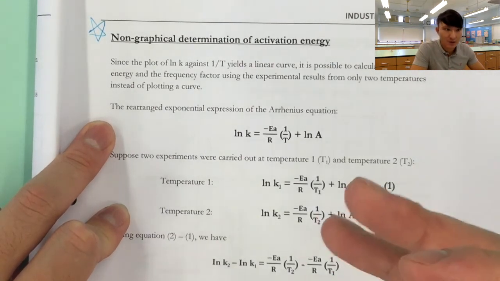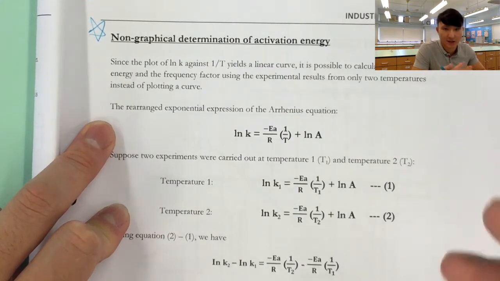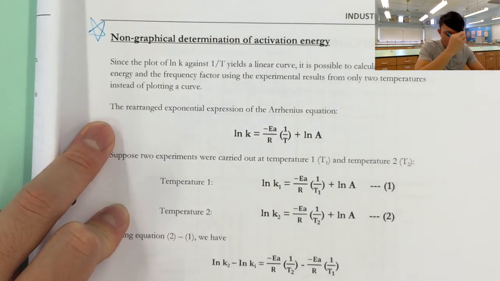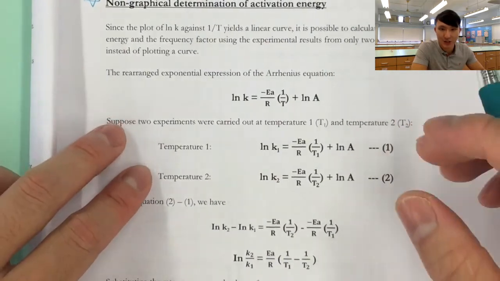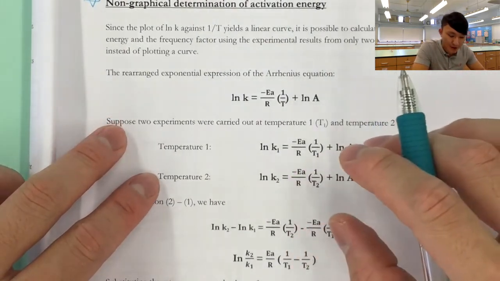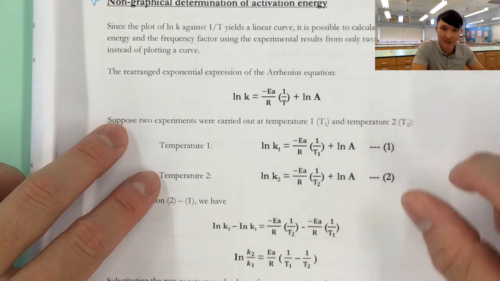Or in other words, we can simply make use of the data from those 2 data points to calculate the slope without actually plotting a graph. So this is actually how it works. We make use of two sets of data, and we find out the slope using the method of simultaneous equation.